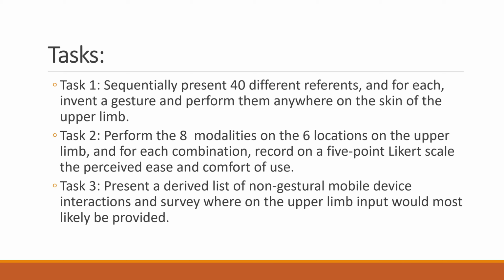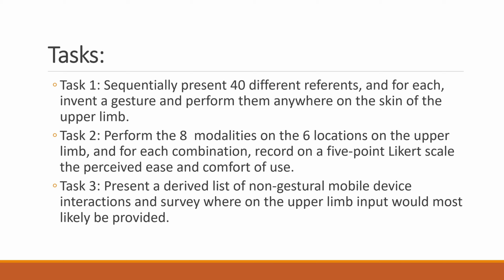The second task was performing the 8 modalities in general. They had all 8 modalities performed on each of the 6 locations of the upper limb, and for each of these combinations they recorded on a 5-point Likert scale the ease of the performance and the comfort of use of the performance.